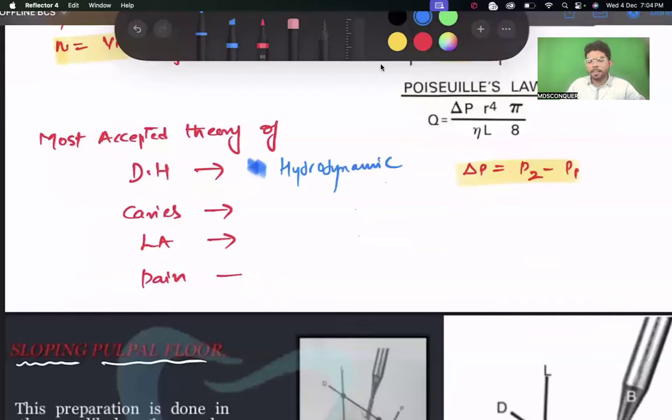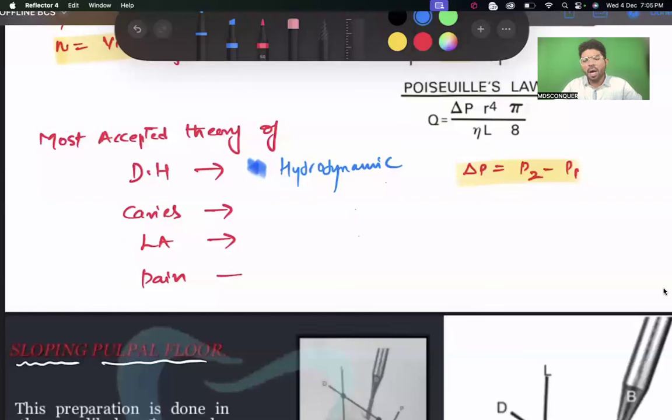Because these dentinal tubules are open, because of the pressure difference, there will be fluid movement. That fluid movement is going to stimulate the nerve, and the nerve is going to cause the pain. So this is what dentinal hypersensitivity is.